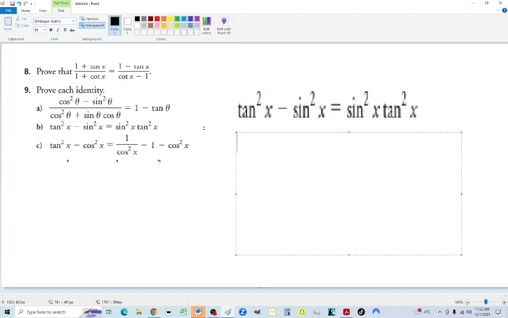We could probably convert, like I was doing, tan squared to sine squared over cos squared, and then make sine squared the same denominator, and then multiply both sides by cos squared to get rid of it. And then the right side will become the same thing.